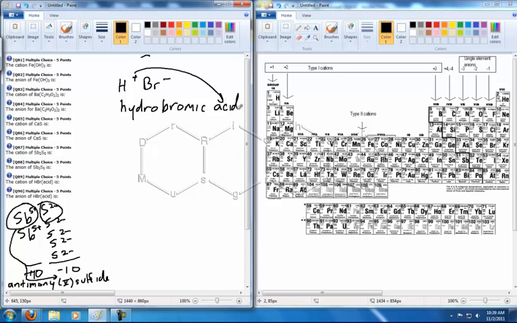Now the H+ is the acid part. The hydro here is telling us that this is a single element as opposed to being a polyatomic ion. And that's how we're getting the name hydrobromic acid, bromine and an ic at the end for a single element.